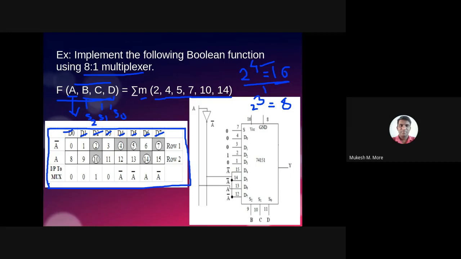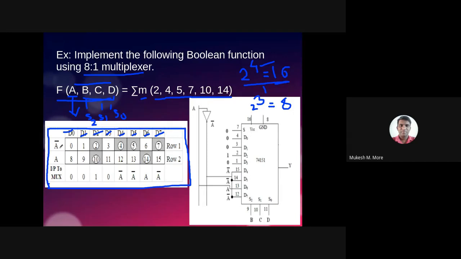And see that in the question the minterms are given: 2, 4, 5, 7, 10, and 14. You just have to place one if that minterm is present.